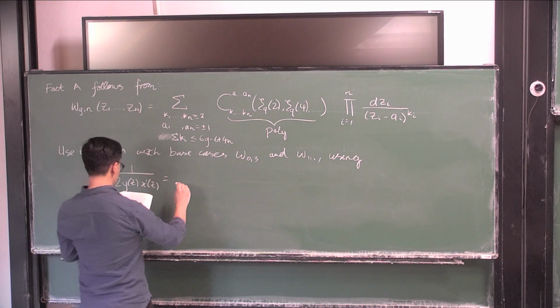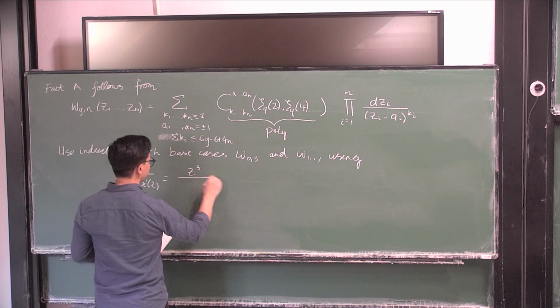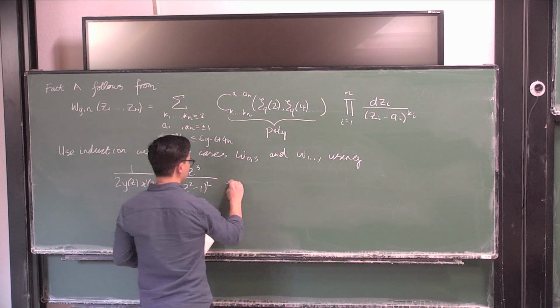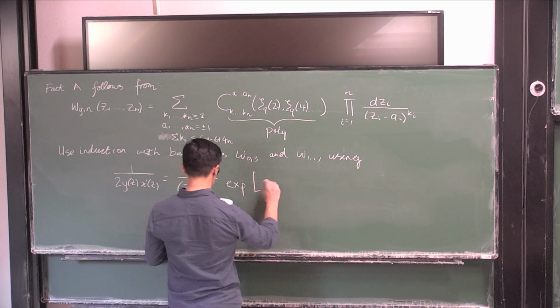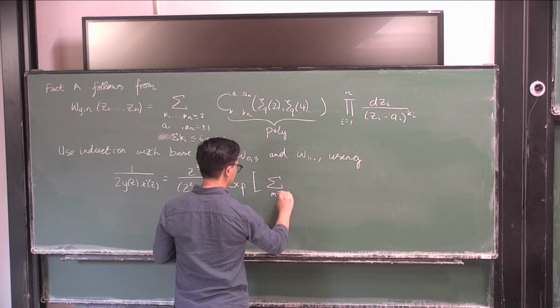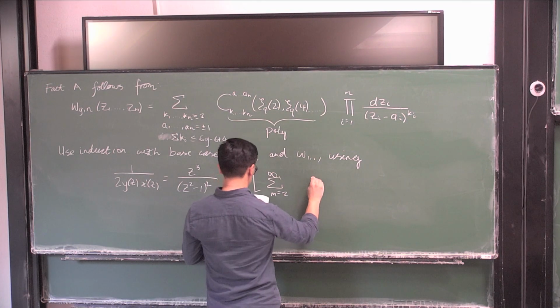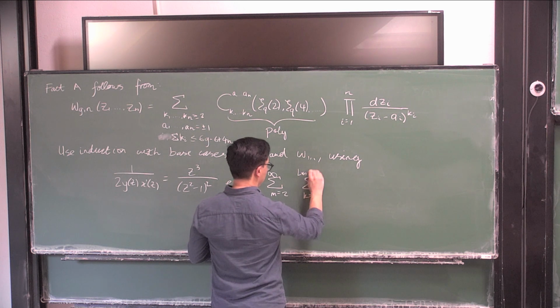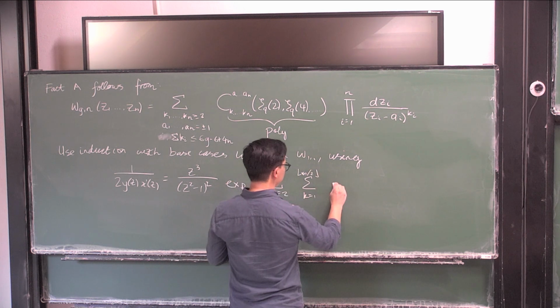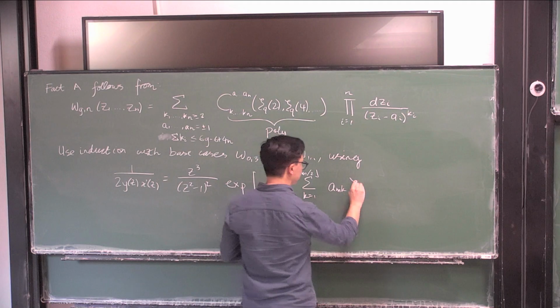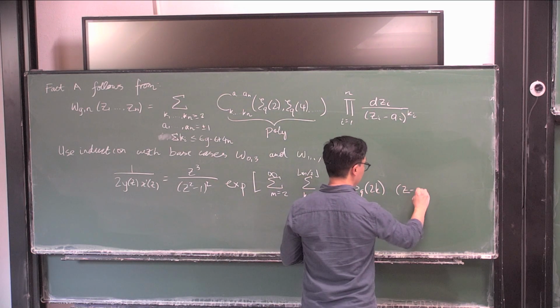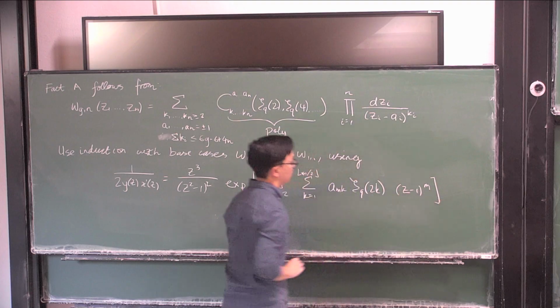There's some sort of junk out the front, which I'm not too concerned about. And then I get this exponential of this linear contribution in the zeta values sitting in front of these powers of m.